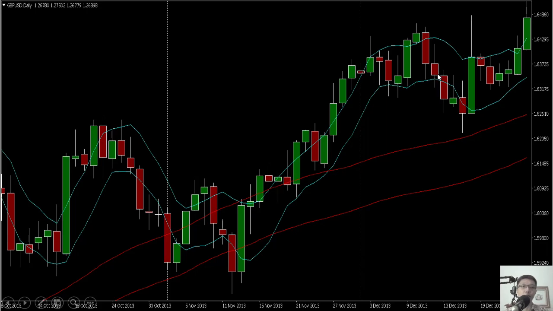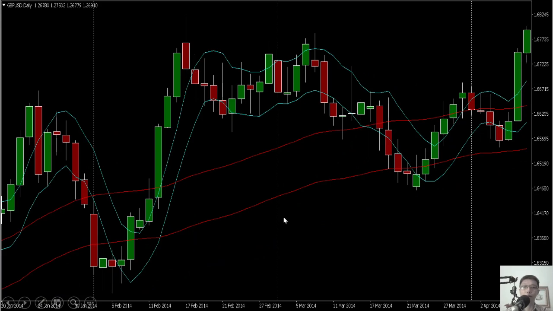And here sellers push the price down until it closes below this low SMA and closes again here, and then suddenly a very big bullish candle pushes the price and closes above this high SMA. It means that price refuses to go lower and starts to go to the upside. So this line, low SMA, acts as a support line.